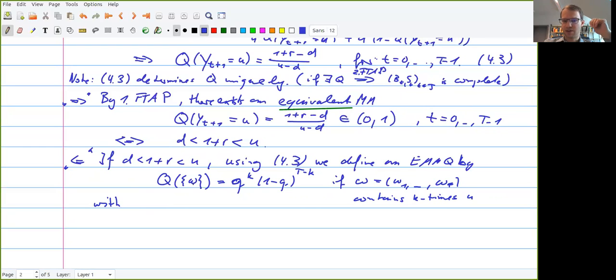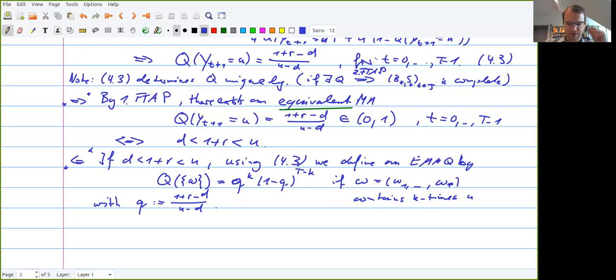And so this means if a scenario, an event, appears on the market, which is omega, which has k times an up movement and T minus k times a downward movement, then this is the probability, where Q is our unique choice we have for the Martingale measure.